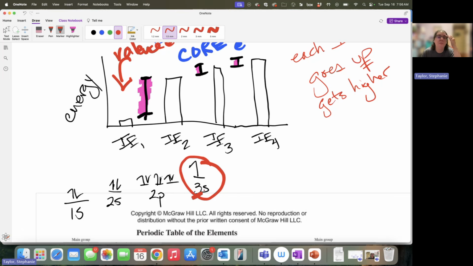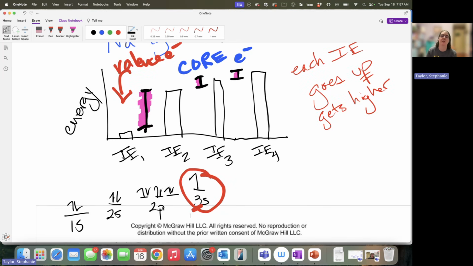So for sodium, that very first valence electron is easier to remove. All of the core electrons, with a lower value of n, are more difficult to remove, and you can actually see that reflected in the graph.